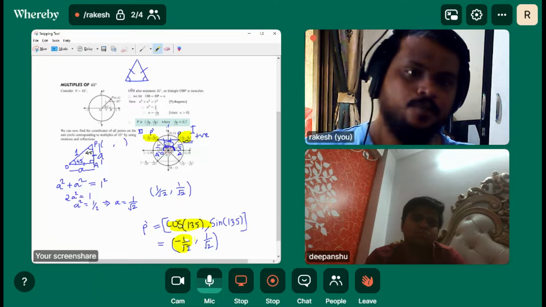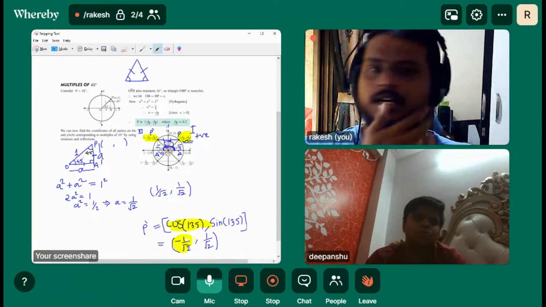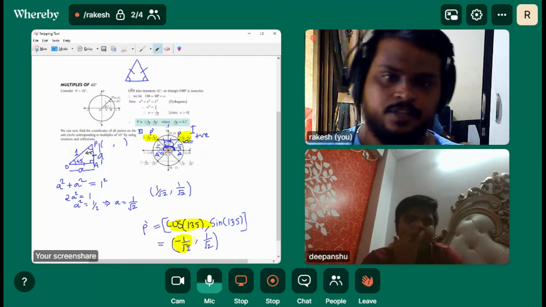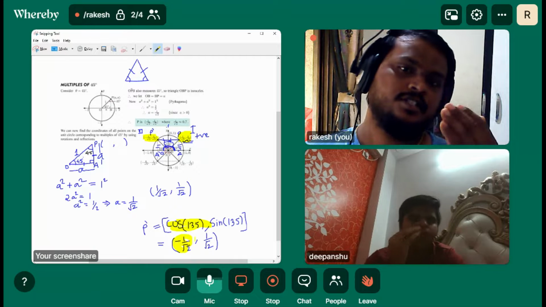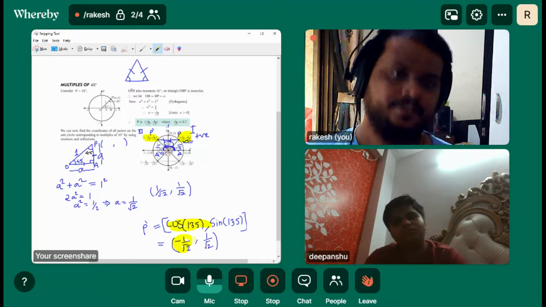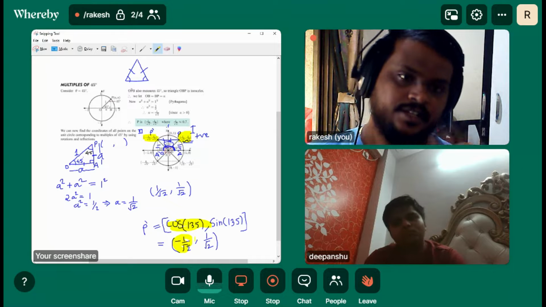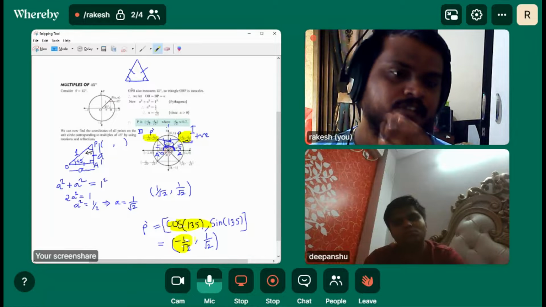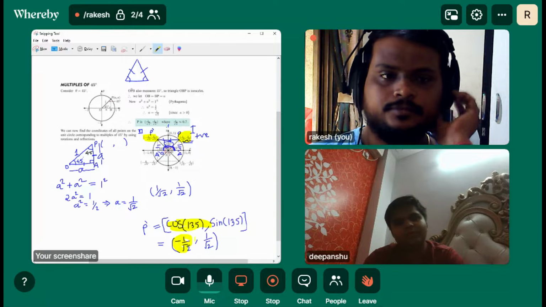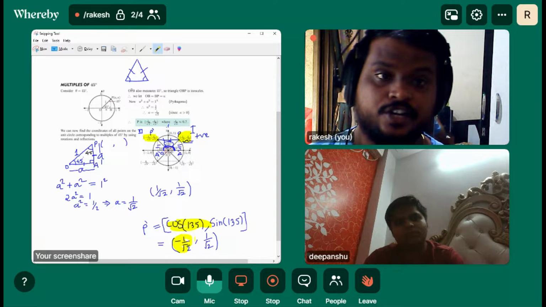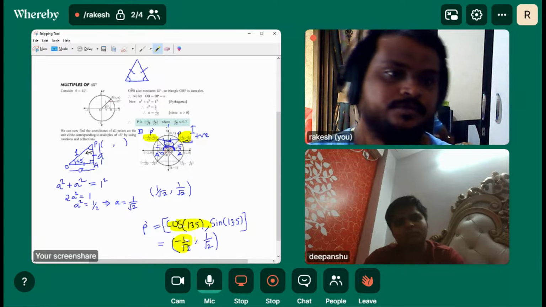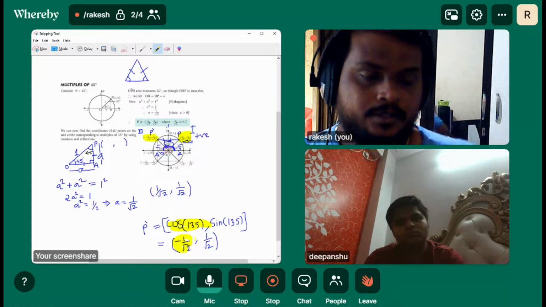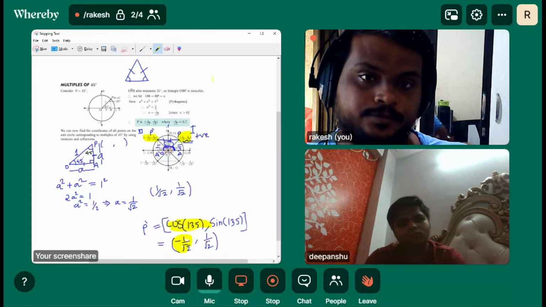And we already know that cos in the second quadrant is negative, right? Which trigonometric ratio is positive in the second quadrant? Sine. Very good.